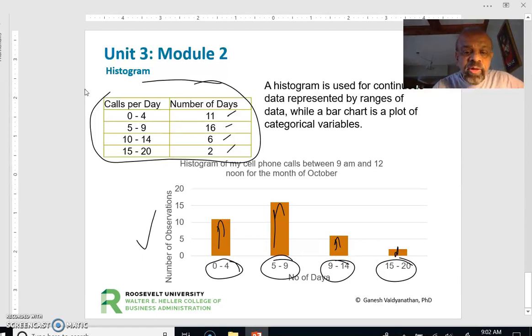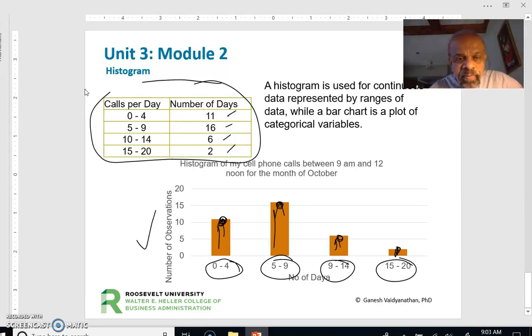Another thing that I can do is that the histogram also shows the way that I am making these calls. What I mean by that is I can represent this by using some kind of a line, which is a trend line. So if I take the top of these, which is basically the number, for 0 to 4 calls per day, I'm having 11 days, right?